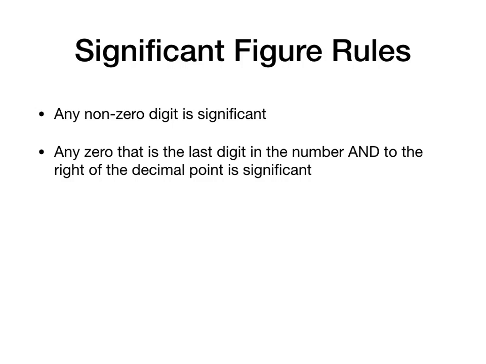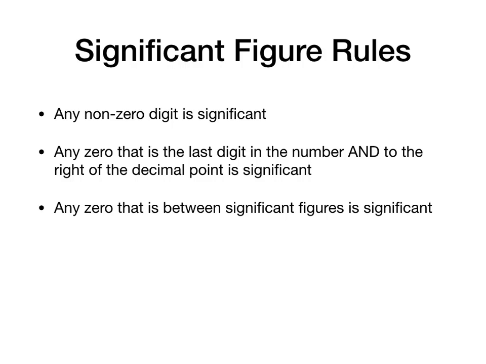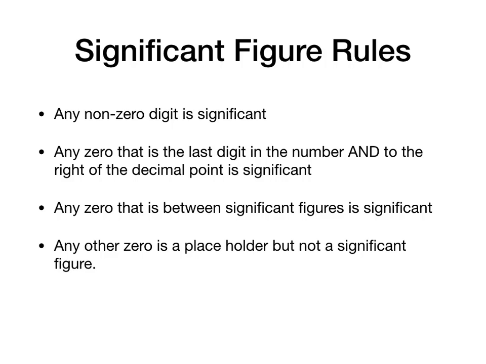If it fits both of those, then it's significant. If there's a zero that's in between two significant figures, then that zero is a significant digit as well. Any other zero doesn't fit those criteria. It's not a significant digit.